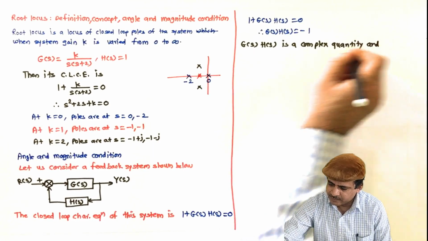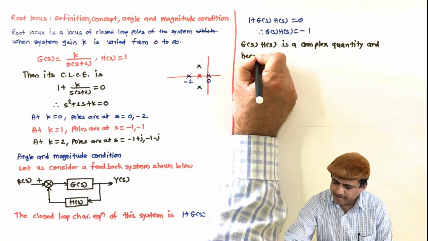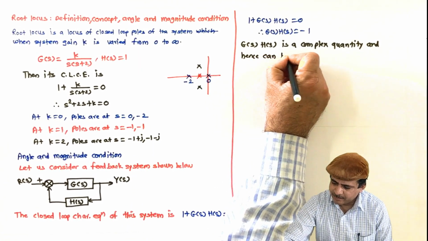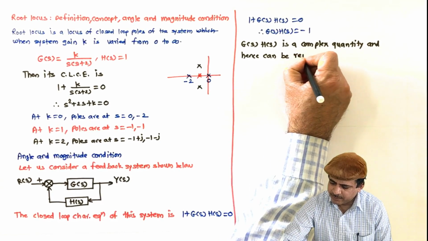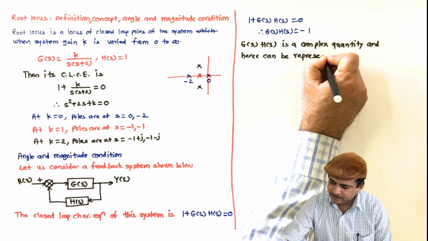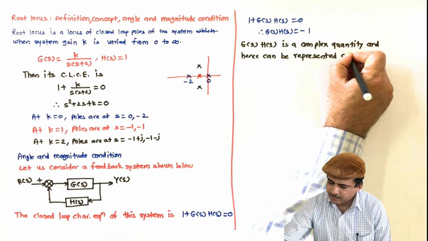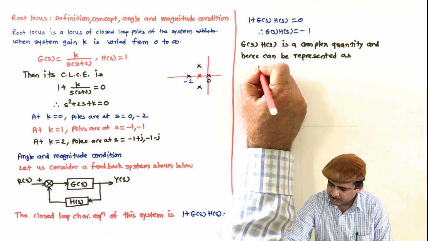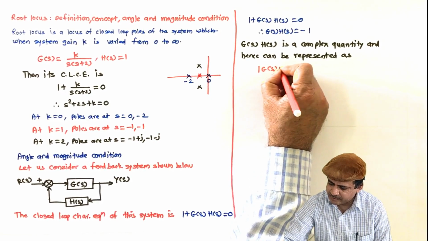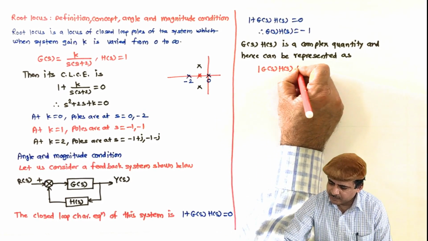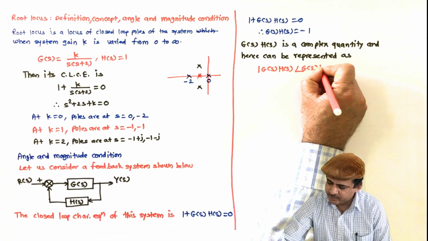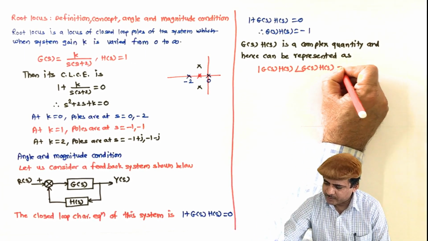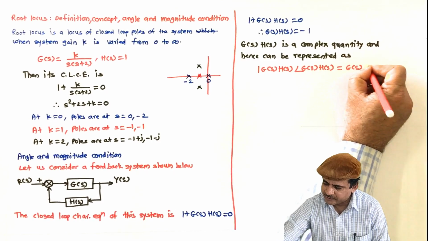And hence it can be represented in polar form, r theta form, as the magnitude of G(s)H(s) with the angle of G(s)H(s).